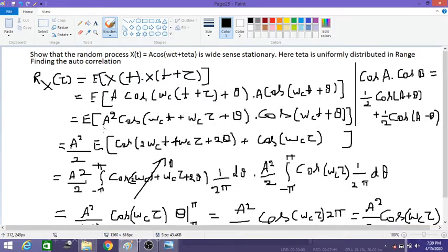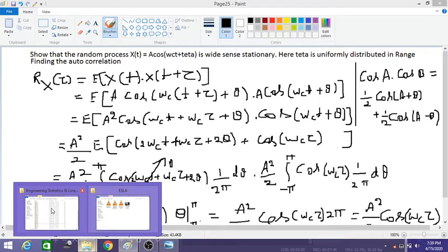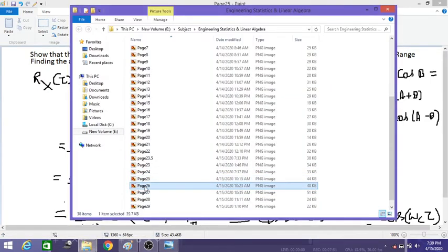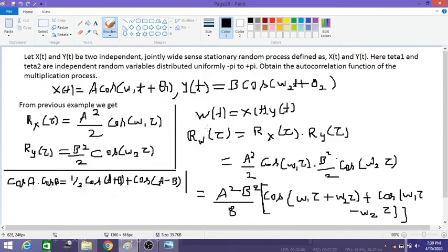Okay, so now let us go to the next example. Here it is given one more example, that is we have two independent processes, x of t and y of t, which are jointly wide sense stationary random processes. They are defined as x of t equals a cos omega 1 t plus theta 1, and y of t equals b cos omega 2 t plus theta 2.